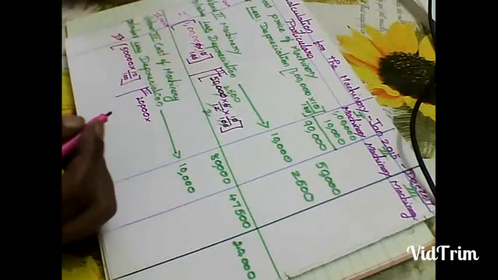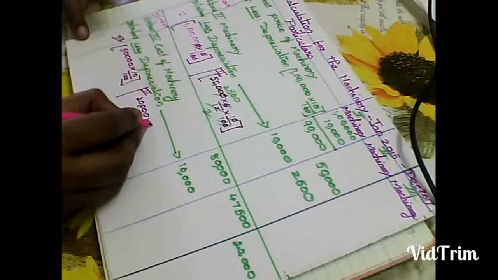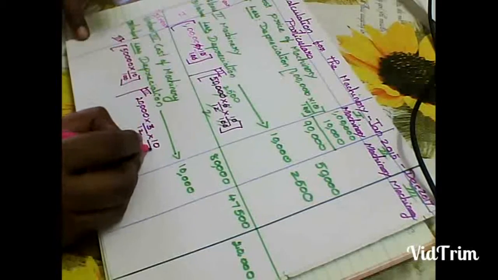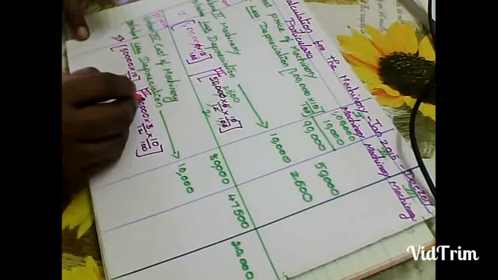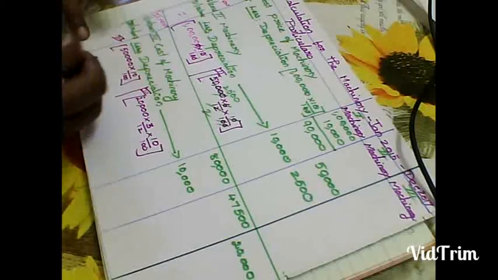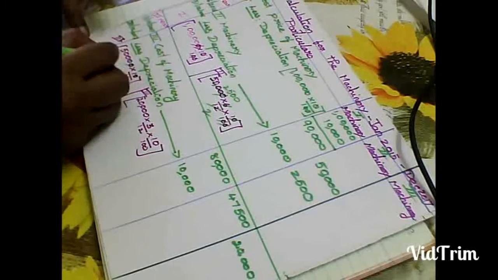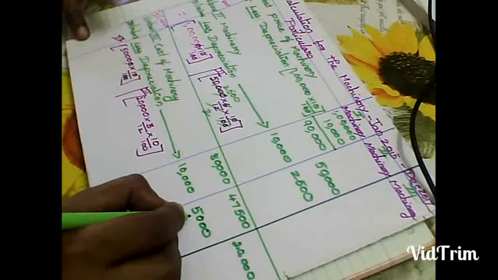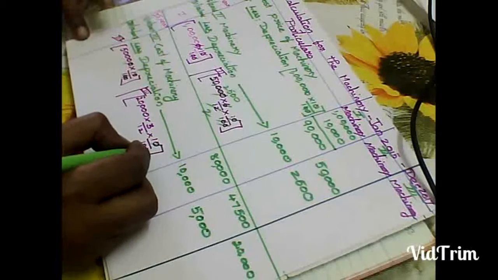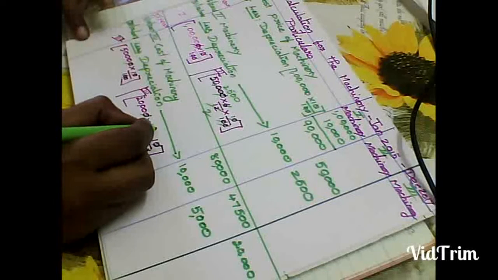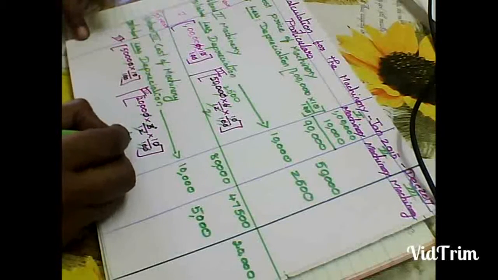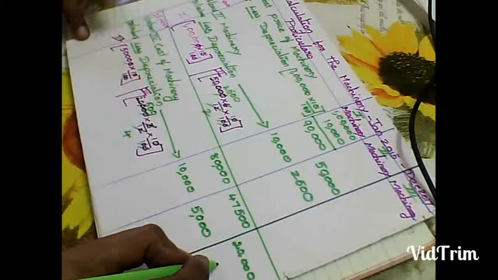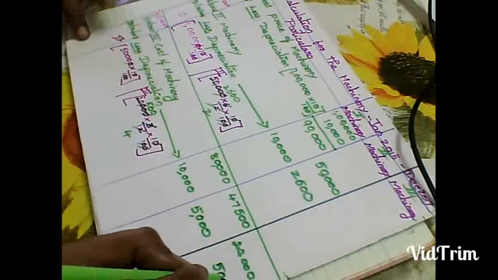Cost is 20,000, and from October to December, only 3 months. So 3 by 12 into 10 by 100. So if these zeros get cancelled, we'll get 5,000, and then cancelling further, we get 500. So the 500 will be noted here.